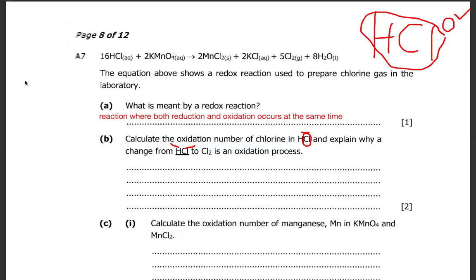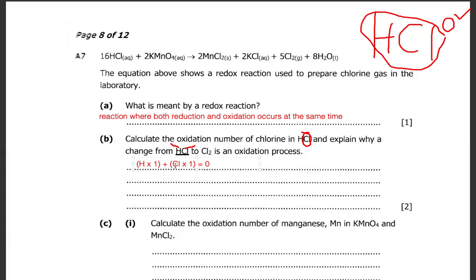So we get the oxidation state of hydrogen and multiply by 1 because there's only 1 atom. We add the oxidation state of chlorine, which is also just 1 atom, so we multiply by 1, and the answer is equated to 0.